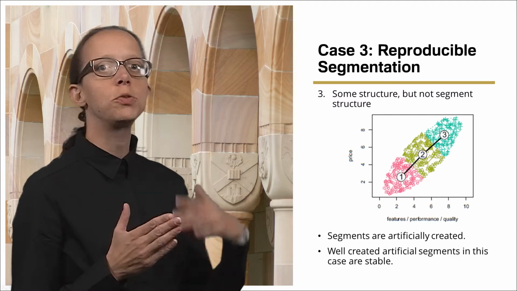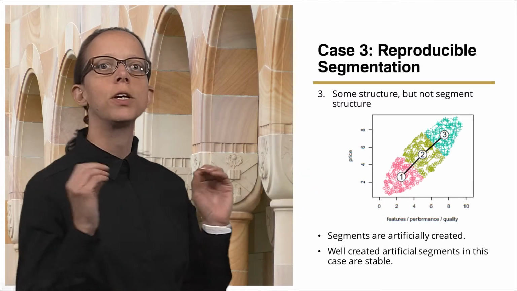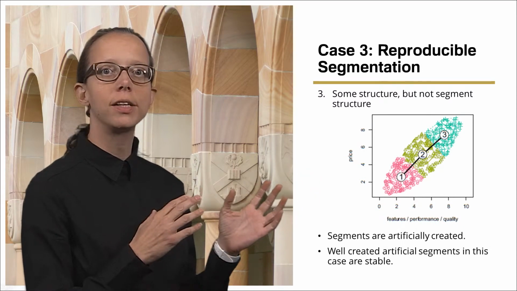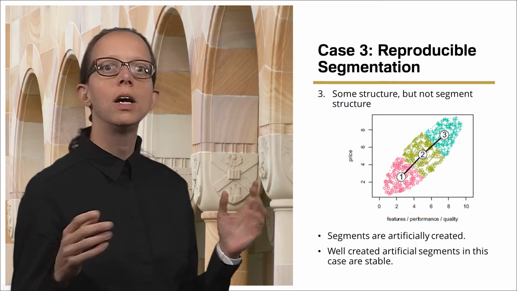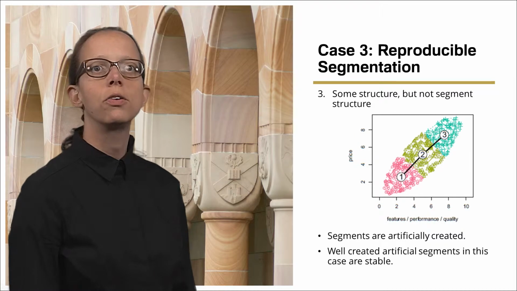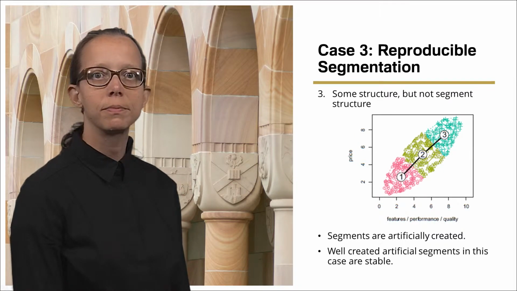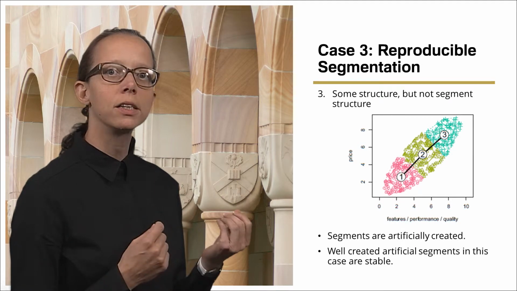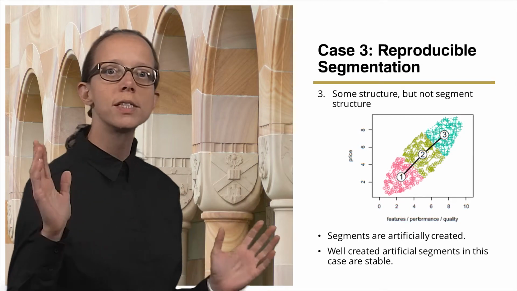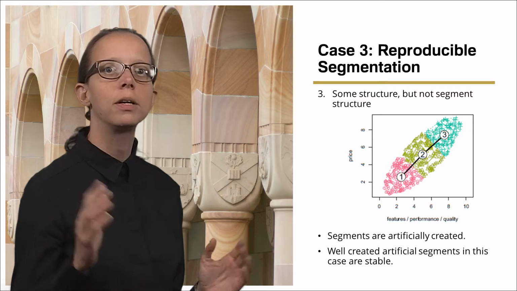The middle ground between these two extremes is when consumer data lacks naturally distinct clusters, but is not totally unstructured either. We refer to this case as reproducible segmentation. Looking at this picture, for example, we can see that technically the data contains only one segment which has an elliptical shape.